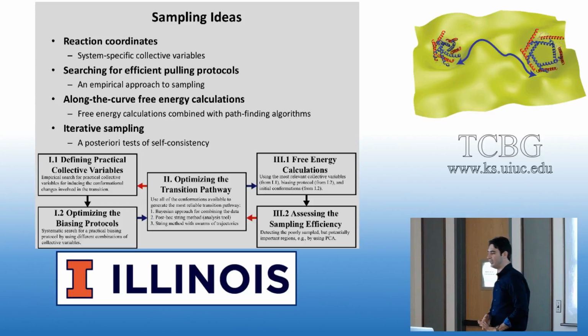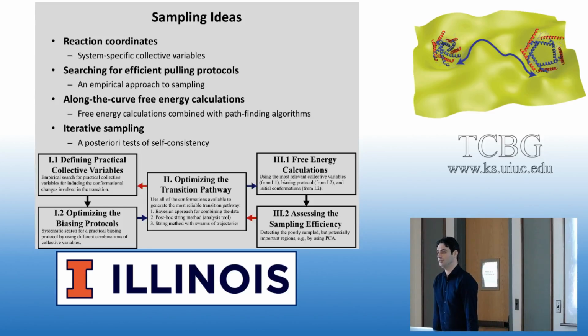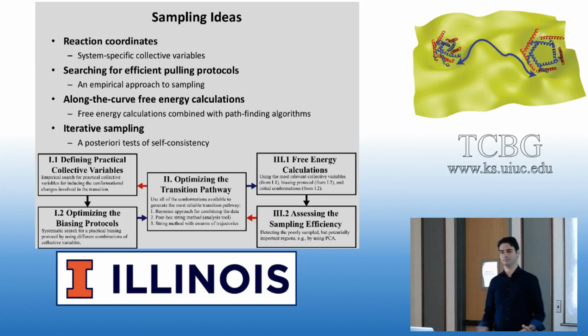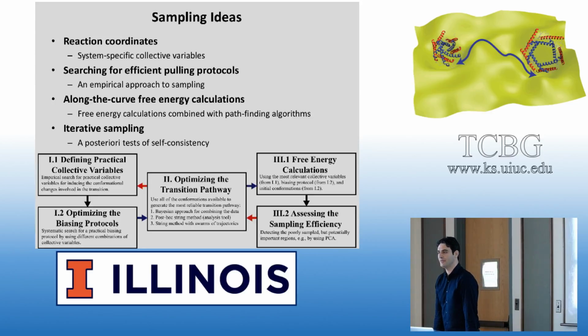But one other thing that you should do is to check the other degrees of freedom. You have a number of collective variables. You have done your free energy calculations. You have made sure that there is overlap. In the replica exchange scheme, another thing that you need to look at is the exchange.